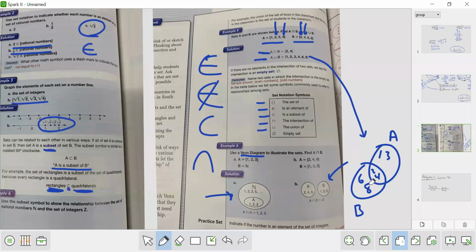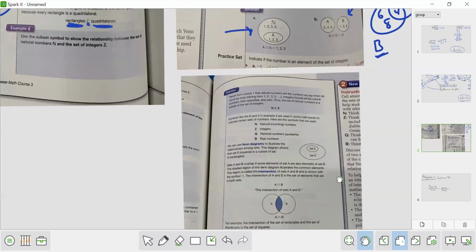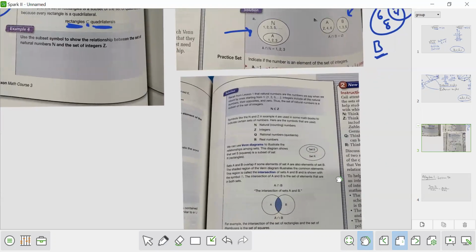And that's how I would show my Venn diagram, the intersection of set B and set A. That make any more sense for you, Alexander? Yeah, a little bit.